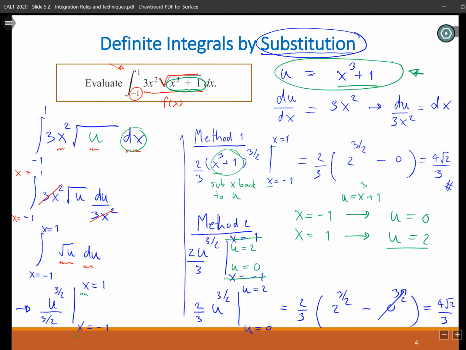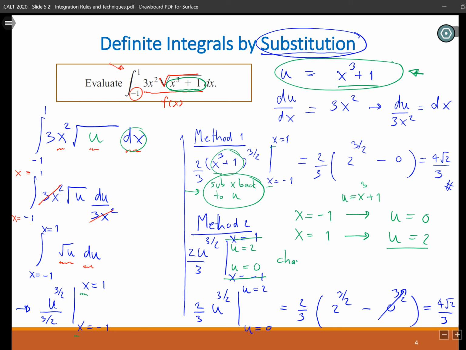So what is the main difference here? In the first one, we substituted x back for u. That's what we did for method 1. Now, for method 2, what we did differently is that we changed the limits, the boundaries, from x values to u values.